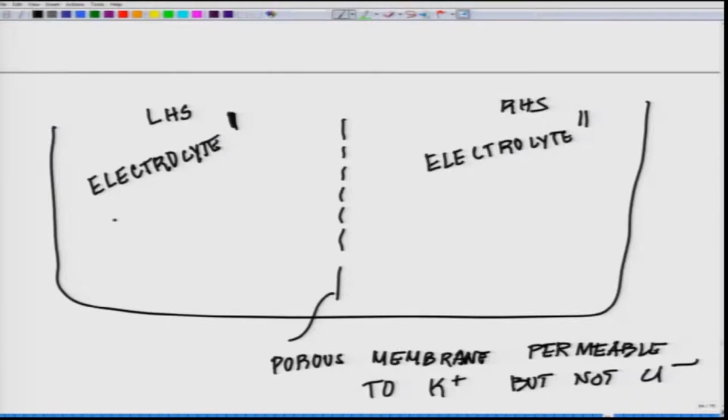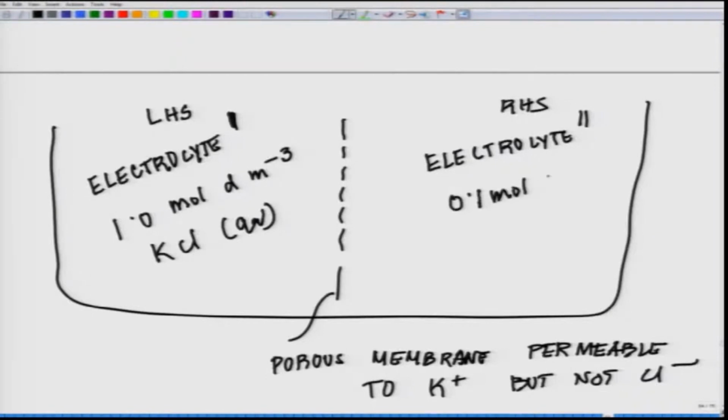On the left hand side, I have 1 mole KCl, which is aqueous, and on the right hand side I have a lower mole KCl, aqueous.